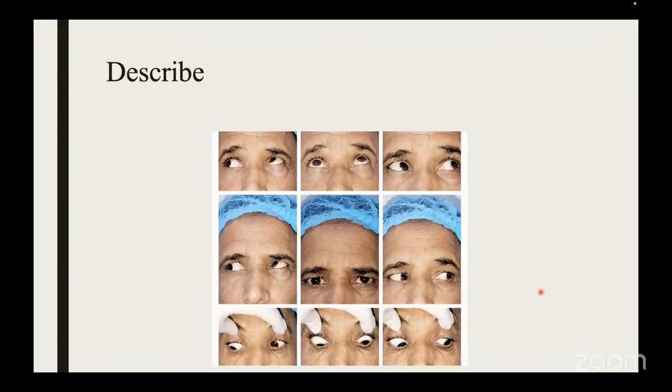And then when we look at the left gaze, there is slight hypertropia again in the left eye. In the left up gaze, levoelevation, again there is hyper elevation if we compare it with the right eye.